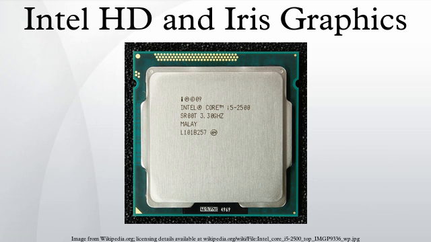HD Graphics 4000 has 16 execution units and additional features, up to 332.8 GFLOPS at 1300 MHz. For some low-power mobile CPUs there is limited video decoding support, while none of the desktop CPUs have this limitation.